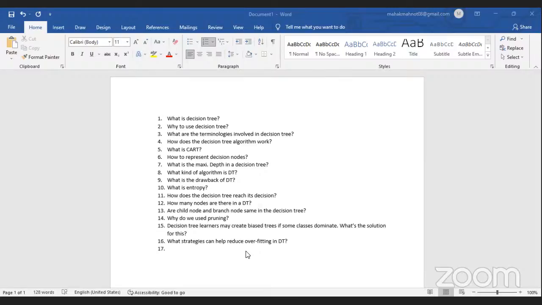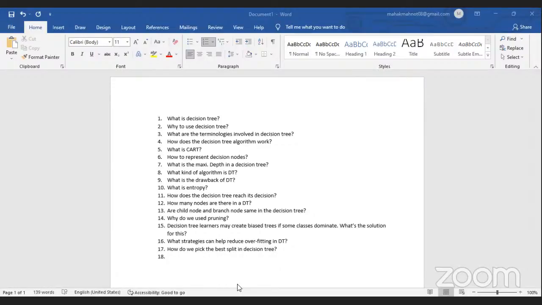Okay. So next question is, how do we pick the best split in a decision tree?